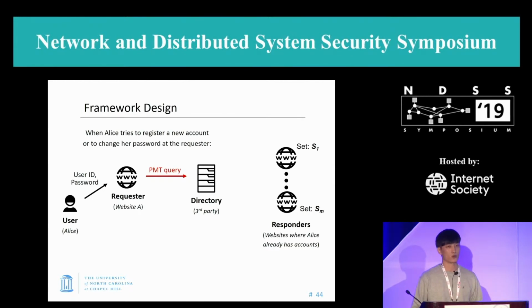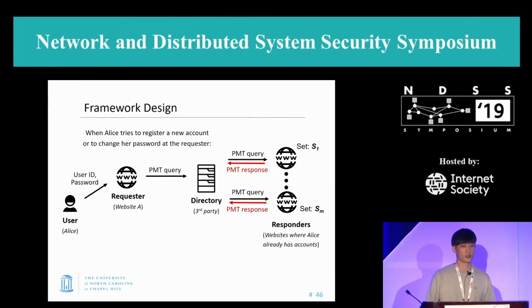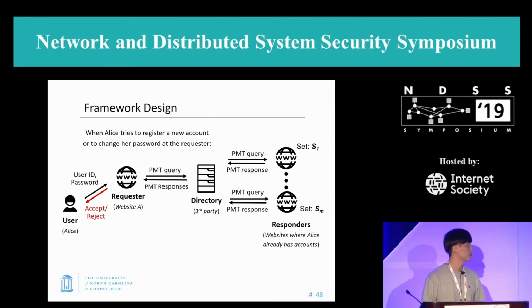The directory finds out which websites it should forward the PMT query to and then sends the query message to each of the responders. After generating responses, the responders send the responses back to the directory, and the directory shuffles the responses and sends them back to the requester. Then the requester decrypts the responses to determine whether or not to accept Alice's newly submitted password.